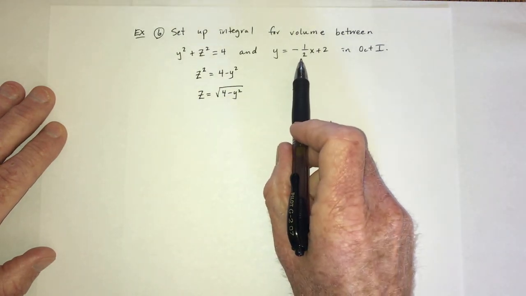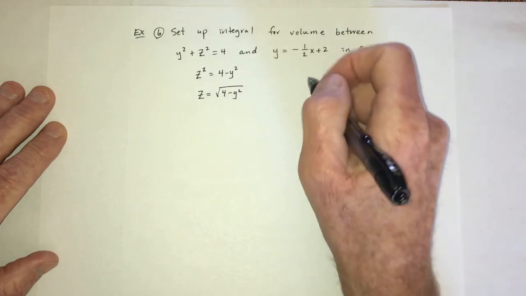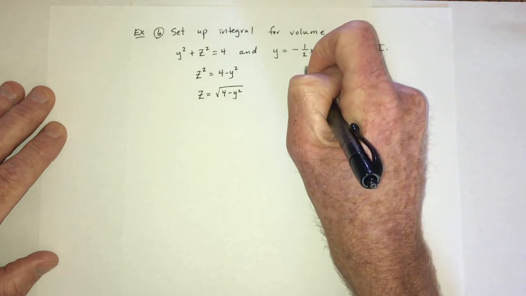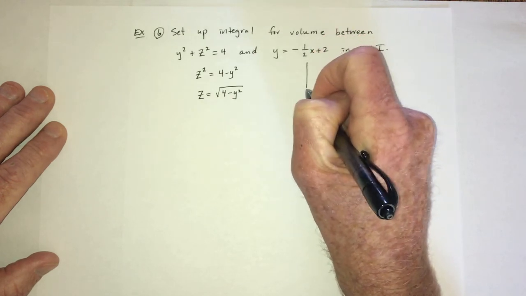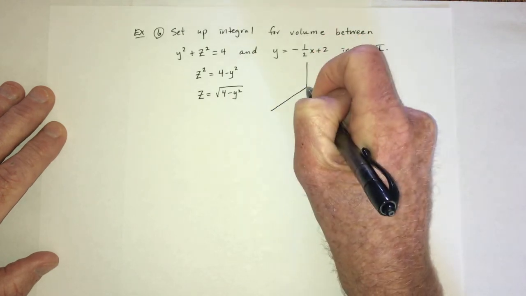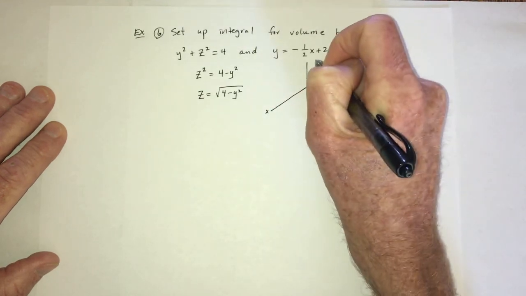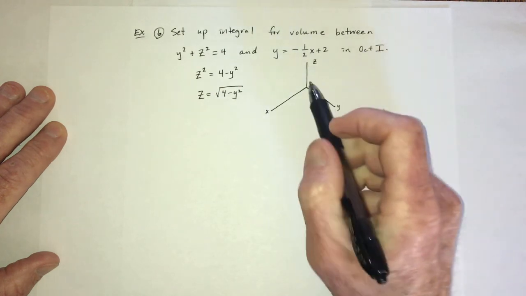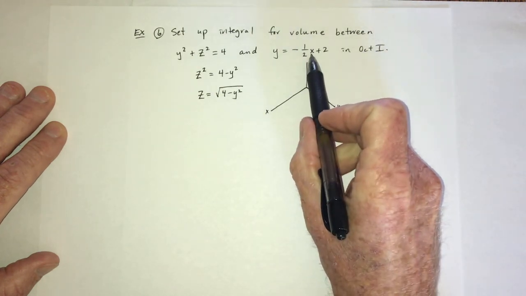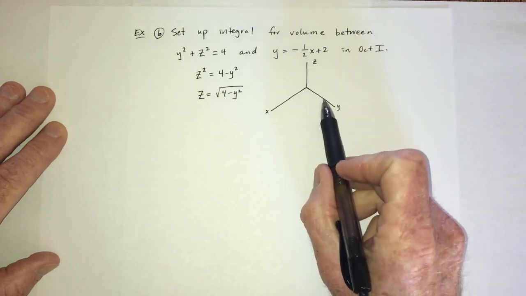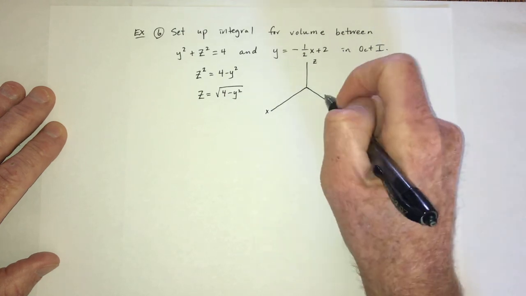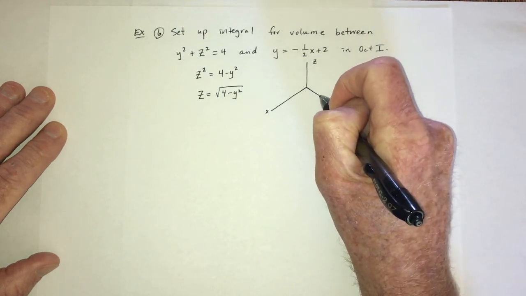And then we should see what region this is talking about. So I could graph that in 3 dimensions. This is the x-axis, the y-axis, the z-axis. And let's see, when x is a 0, so in other words on the y-axis, if you plug in a 0, it's going to be y equals 2.